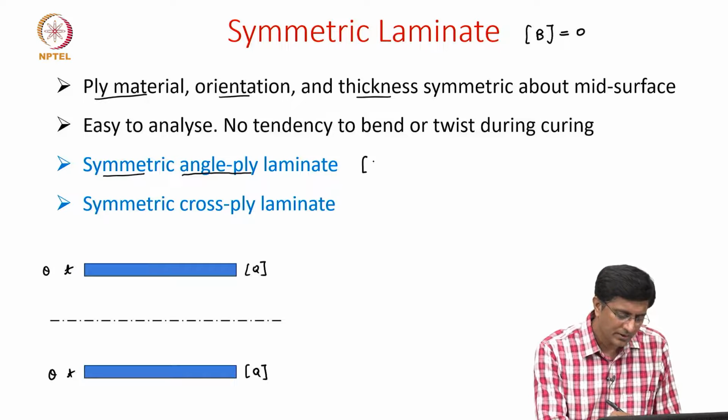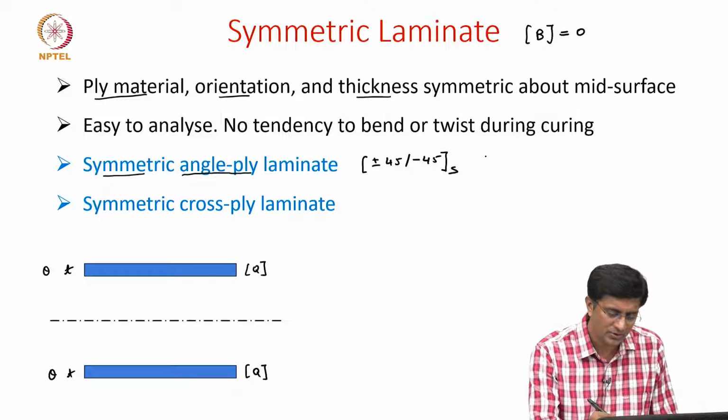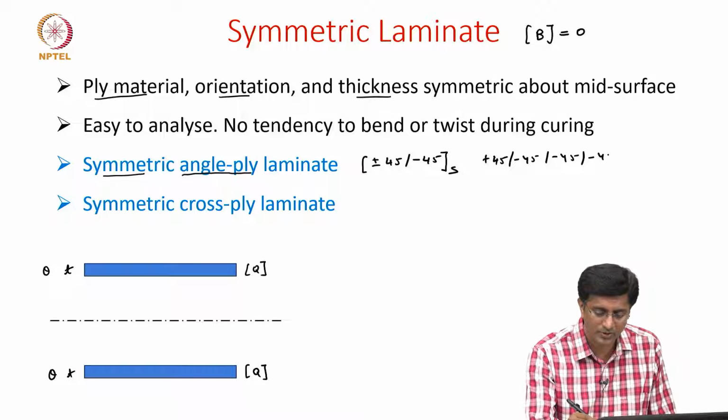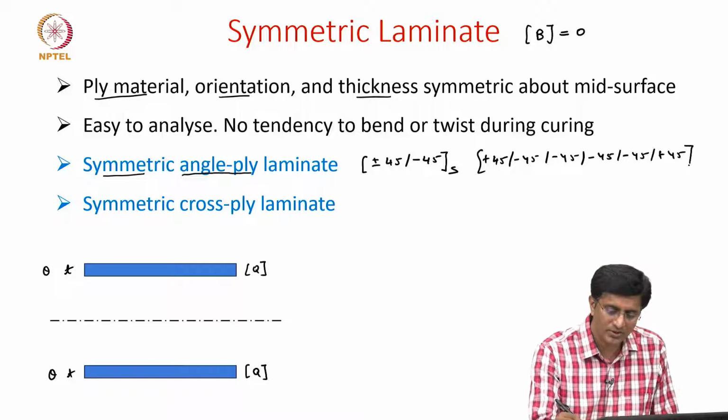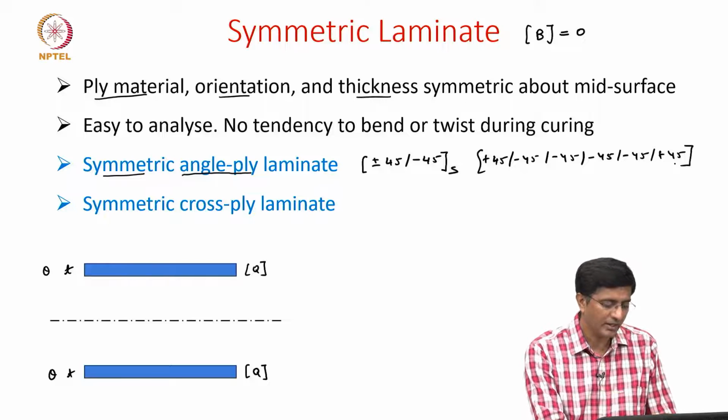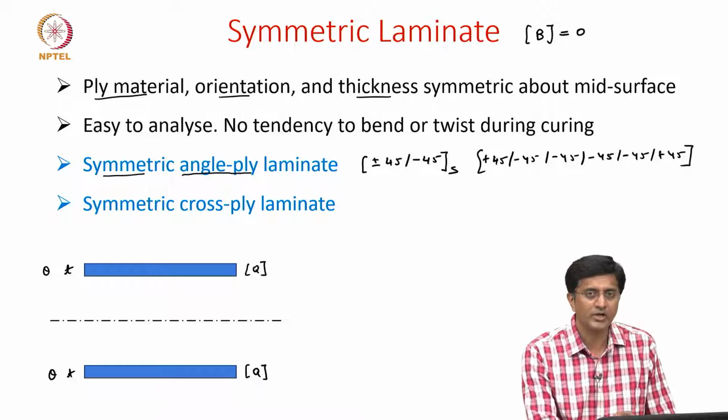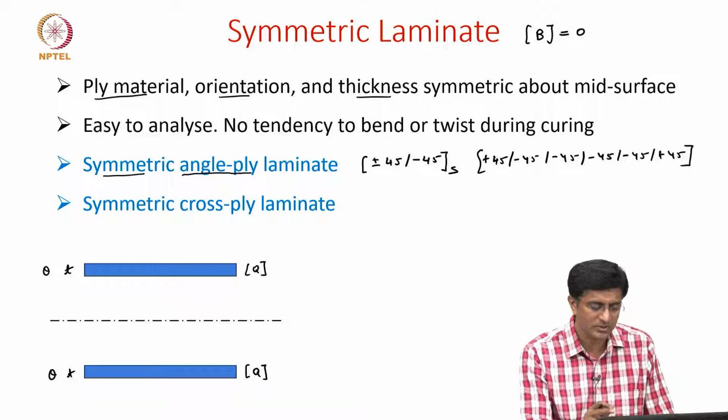Let's say it is plus 45, minus 45, and it is symmetric. If I expand this, it should be plus 45, minus 45, minus 45, and since it is symmetric I need to mirror it, so it should be minus 45, minus 45 and plus 45. So this is one example of a symmetric angle-ply laminate. Of course we can come up with many other examples in a similar fashion.